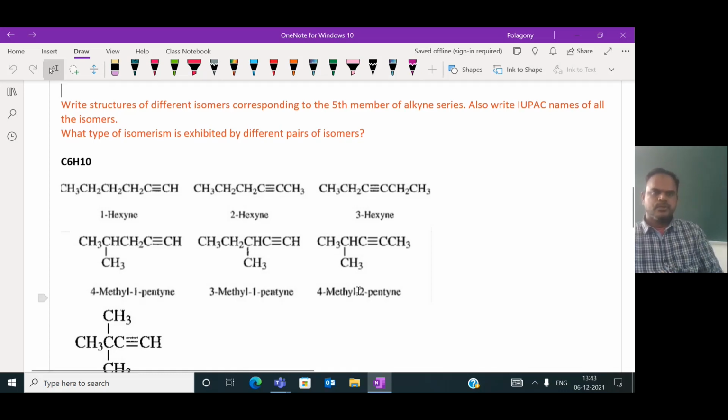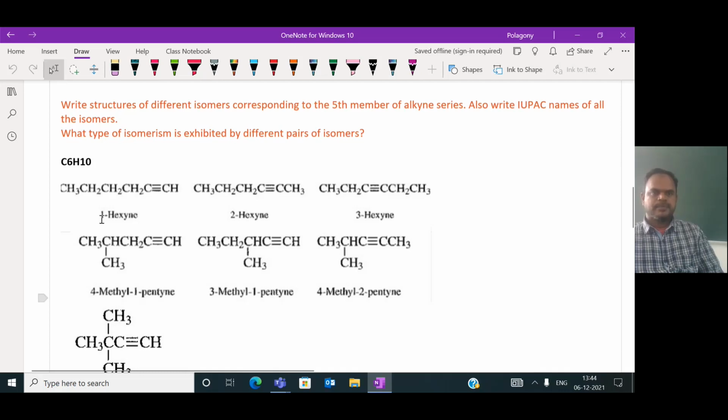If you want to look at the structure, C6H10 is called hexyne. The molecular formula of hexyne is C6H10. It is an alkyne, so how many isomers can it exhibit? Hexyne can exhibit position isomers and structural isomers also.